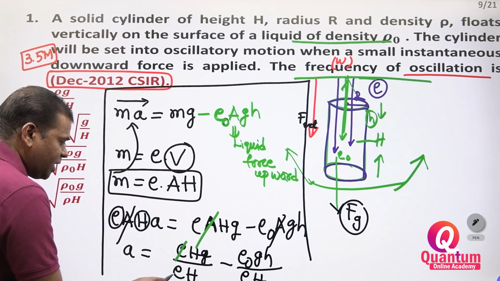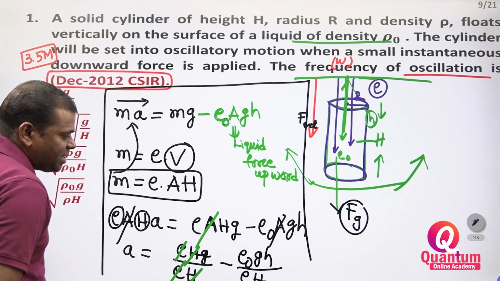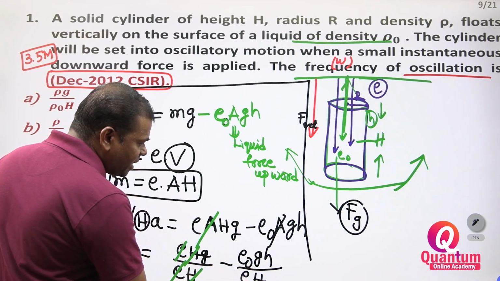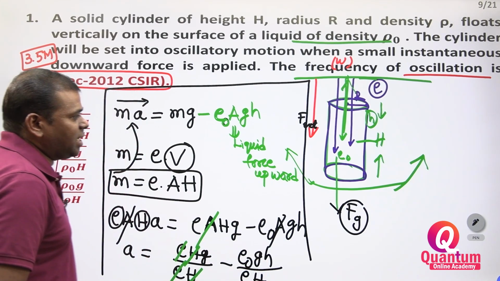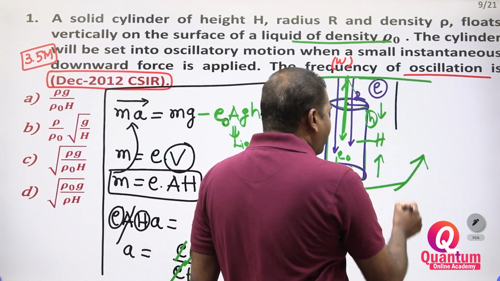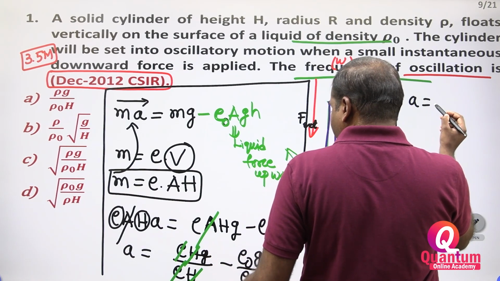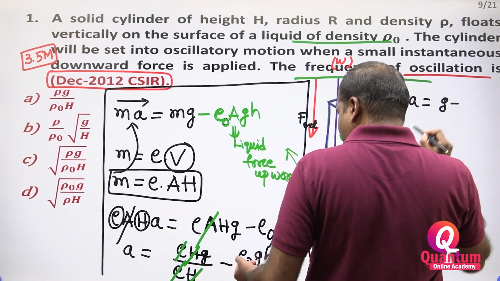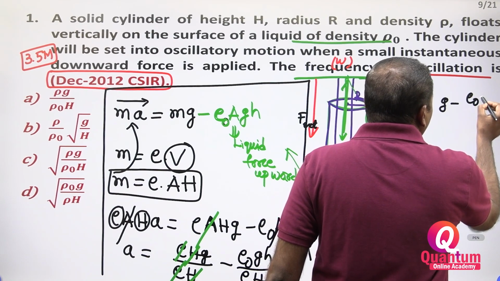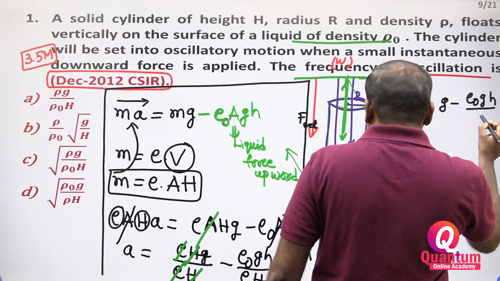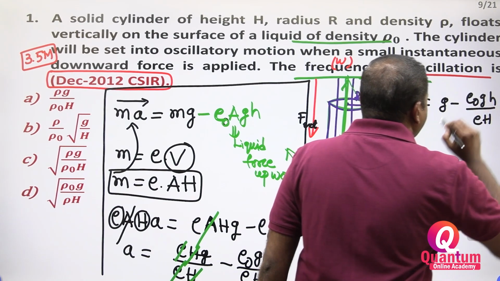You have to cancel the rho h. Here any cancel terms are there? There are no cancel terms. What is remaining? That one you have to take. a is equal to g minus rho naught into g h divided by rho into h.